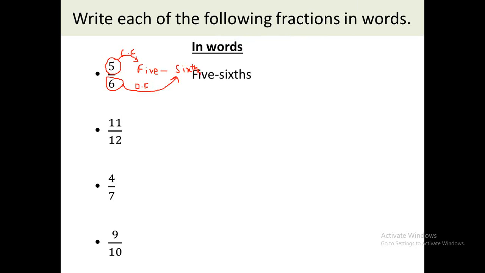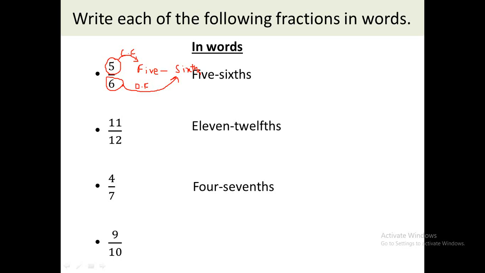Right? So next fraction 11 by 12. So how to write? I will write 11, and for 12 I will write the ordinal form of 12, that is 12ths. Right? So 11 12ths. Now next fraction 4 by 7. First the upper part I will write in cardinal form, that is 4, and the lower part 7 I will write in ordinal form, that means 7ths.